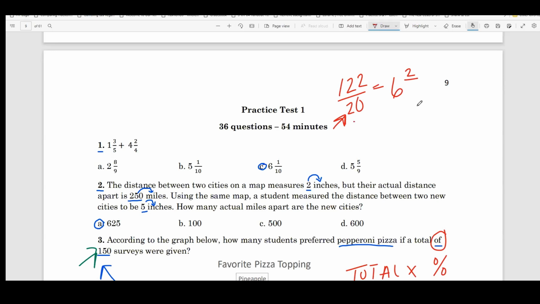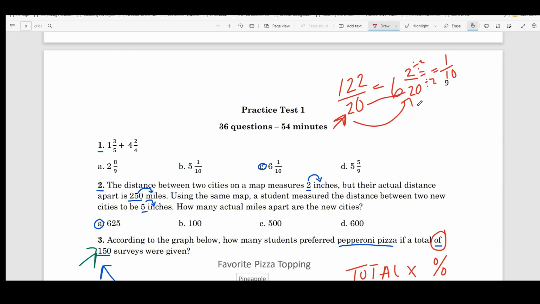Now you see this 20 we started with, this has to travel over. That doesn't change until it's time to reduce. When you do your first conversion from improper fraction to a mixed number, the denominator, the number on the bottom, is always the same. The only thing that changes it is if we go ahead and reduce. In this case, we reduced by 2, which means we divided by 2, and that's how we ended up with 1/10. But you can't skip that part.